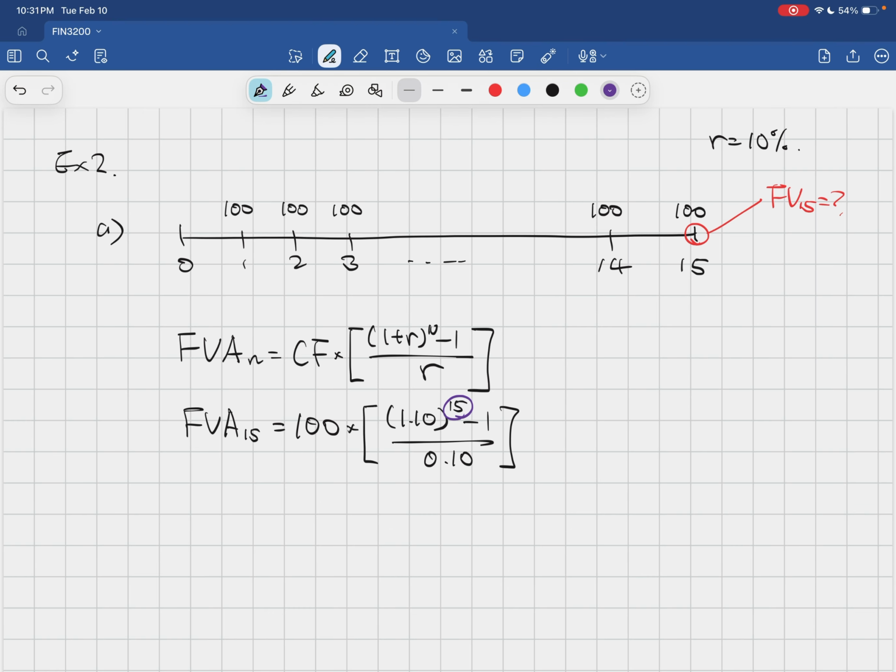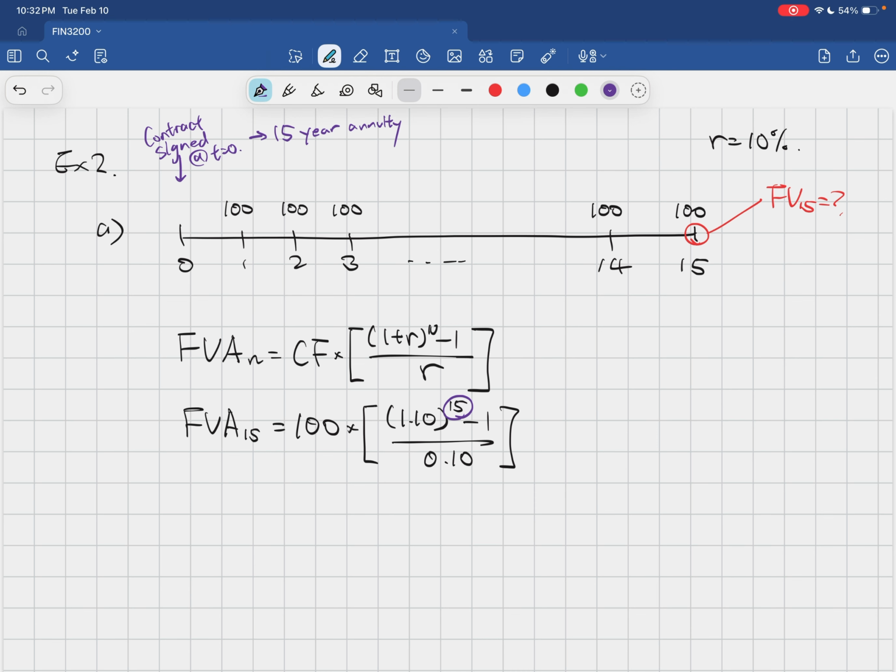Okay. So based on this cash flow format, we know that the contract was signed here at time 0, and the annuity ends in 15 years. So this is a 15-year annuity.